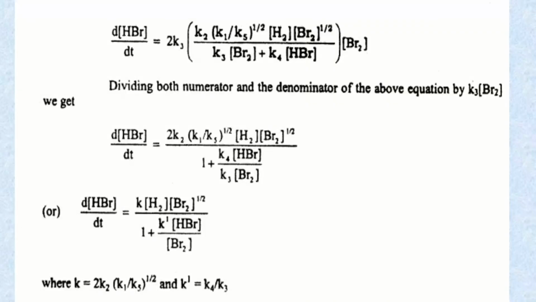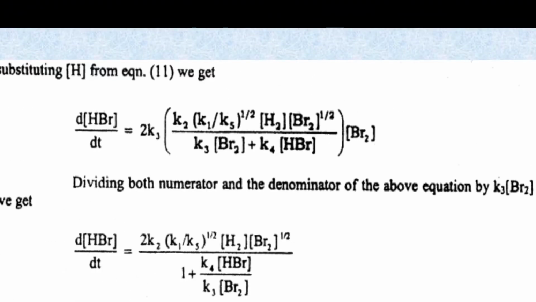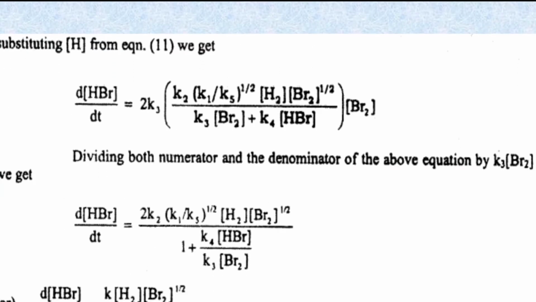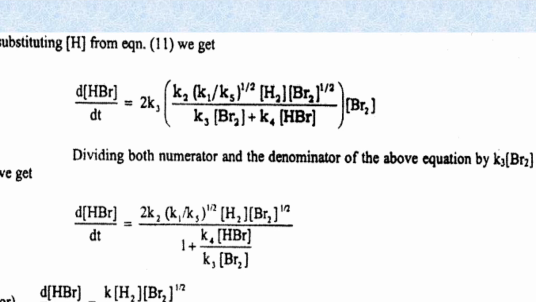In this equation we substitute the hydrogen concentration from the previous 11th equation, and we get d[HBr]/dt = 2k3 k2 (k1/k5)^(1/2) [H2][Br2]^(1/2) / (k3[Br2] + k4[HBr]) times [Br2].